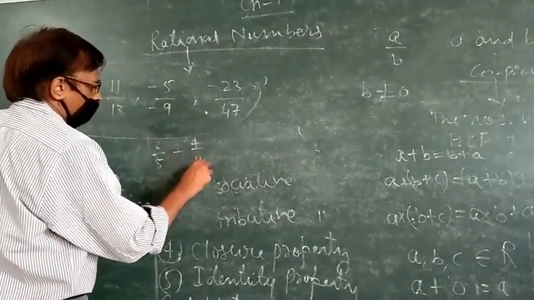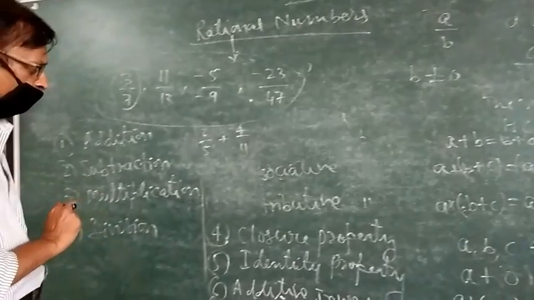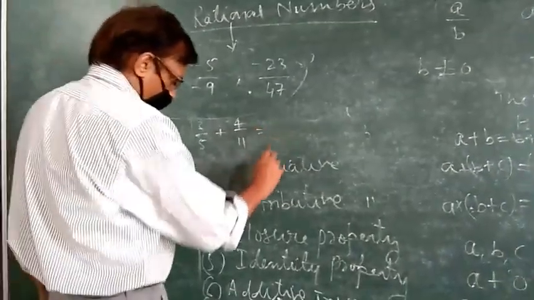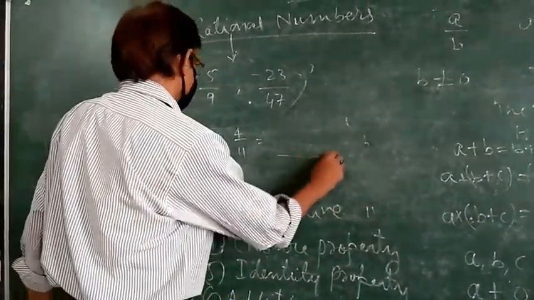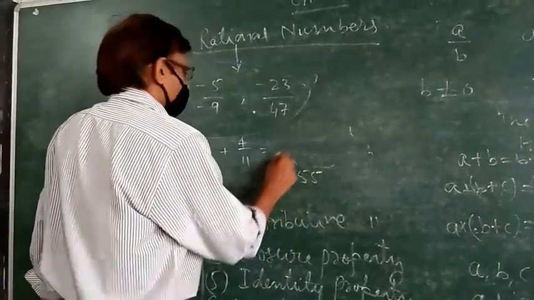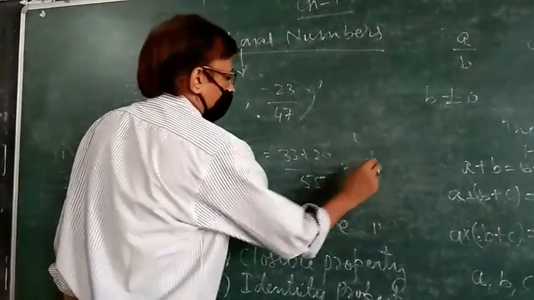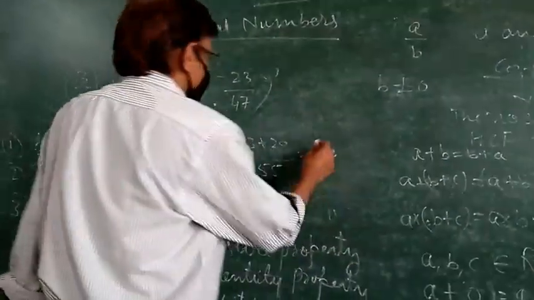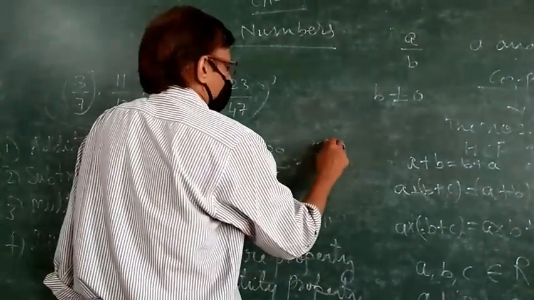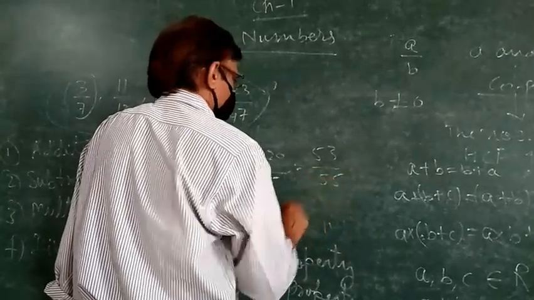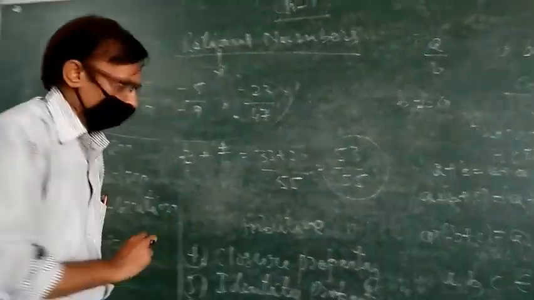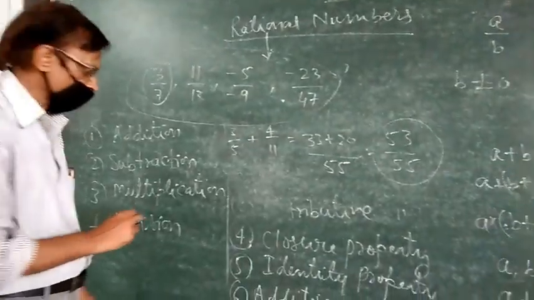For example, 3 upon 5 plus 4 upon 11. Their LCM is 55. Here we have 33 plus 20, so it is 53 upon 55. So this is also a rational number. 53 upon 55 is also a rational number.